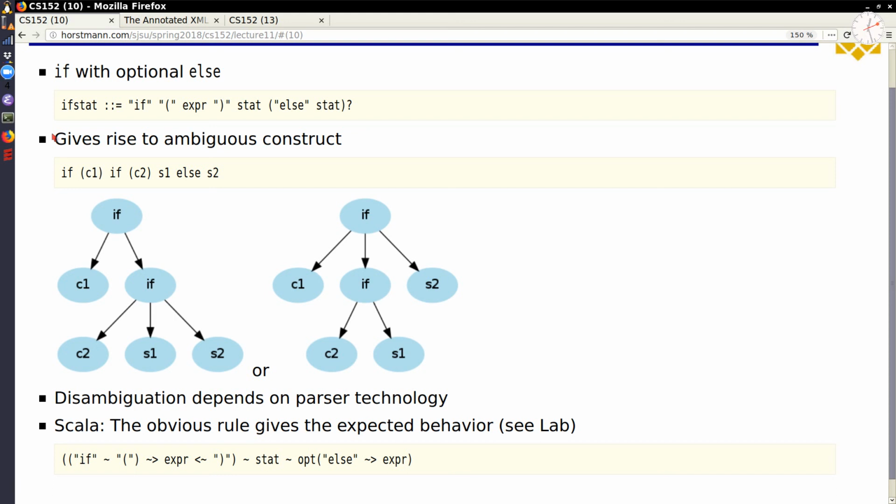The parse tree on the left or the parse tree on the right? The one on the left. That's correct. So the designers said that an else shall group with the closest if.